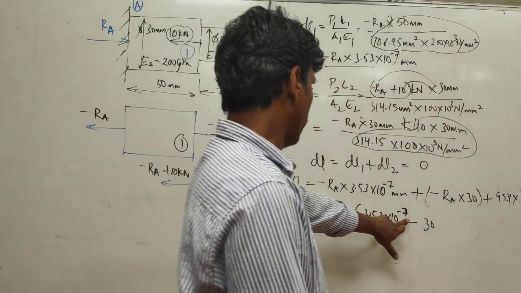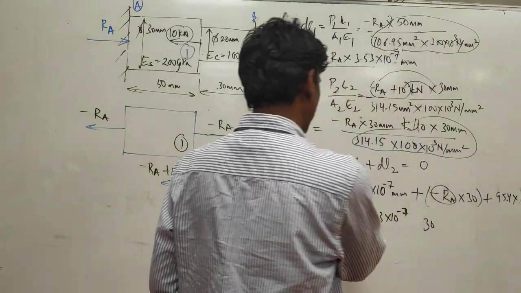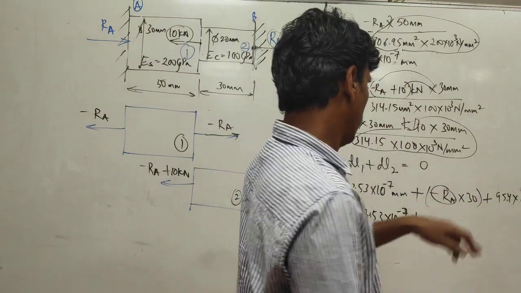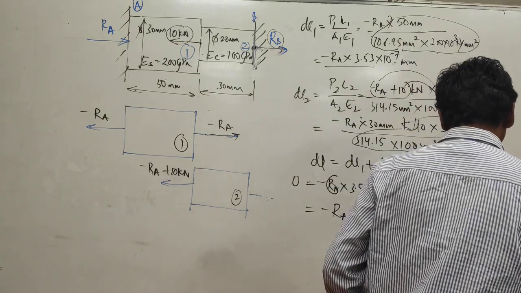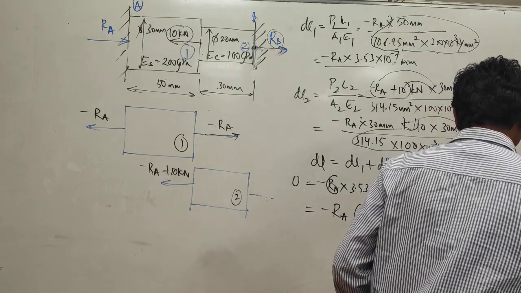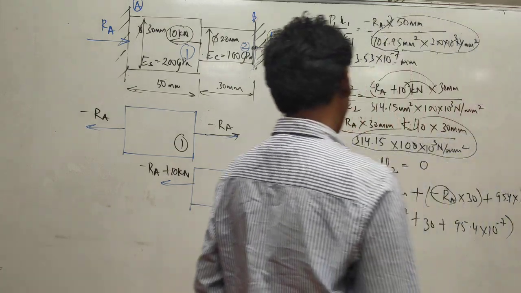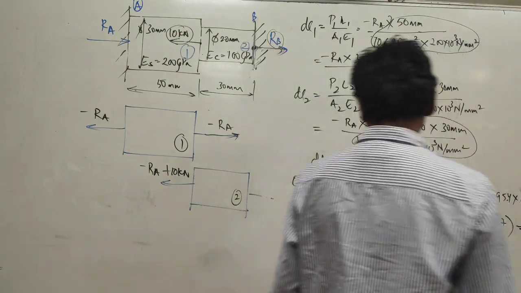Here there is minus minus, so since we have taken the minus outside, this will become plus, and again this will become 95.4 into 10 to the power of minus 7, which is equal to 0.